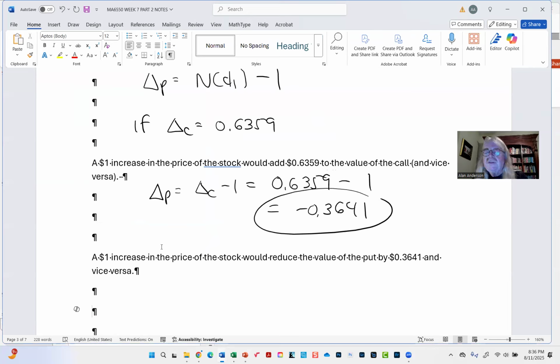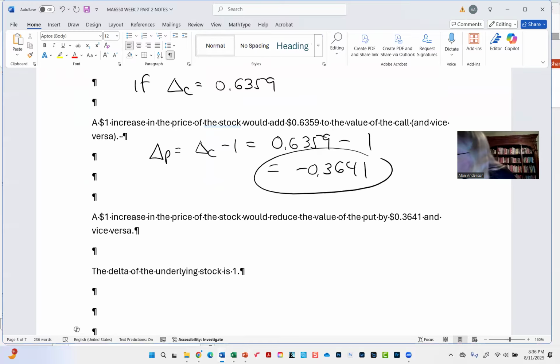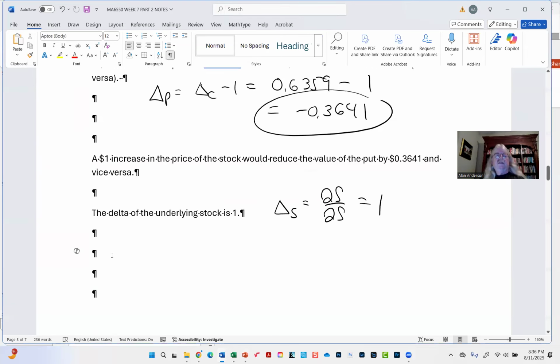So just keep in mind, here's an interesting side note. The delta of the underlying stock is 1. So let's say, suppose an investor has 100 shares of stock and 50 puts.